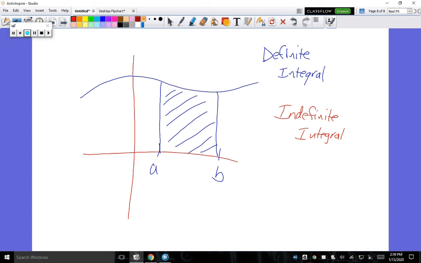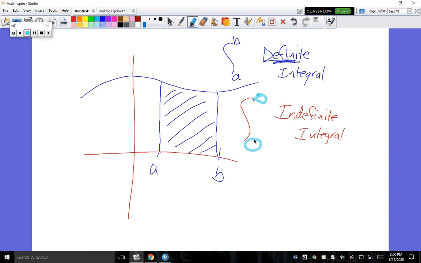We're about to learn the reverse power rule, and the reverse power rule will get you back to that antiderivative. A definite integral has definite, pun intended, bounds, whereas an indefinite integral doesn't have bounds. You with me? There's no bounds from a to b.